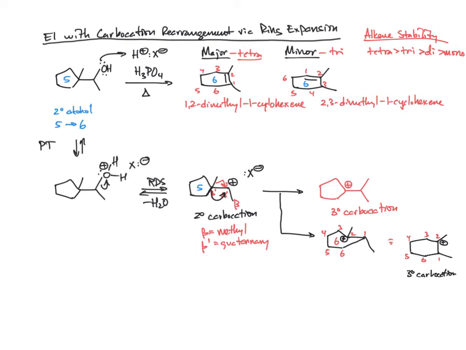And again, the chemical intuition, even though these are both forming tertiary carbocations, is that this route is preferred because we're relieving some of that ring strain that was present in the 5-membered ring. So now here we end up with our second decision point.